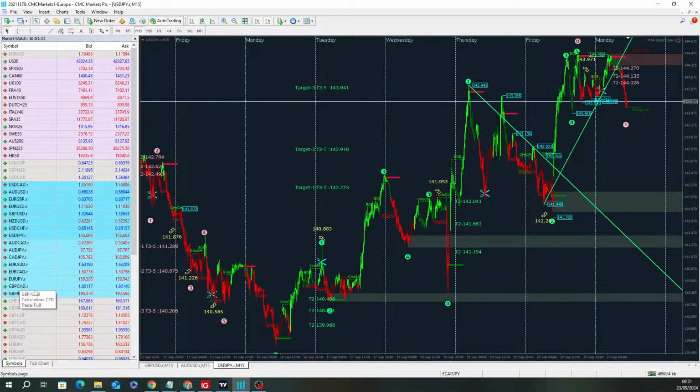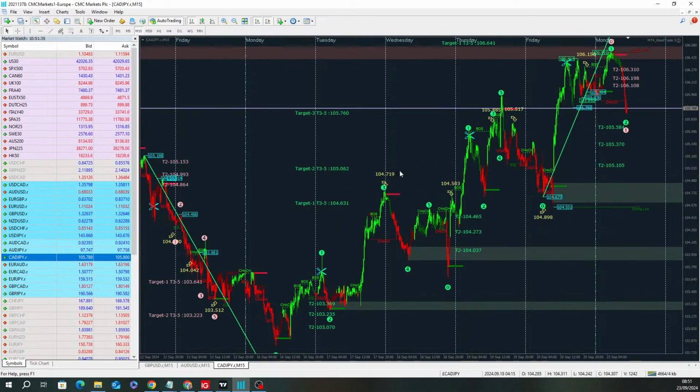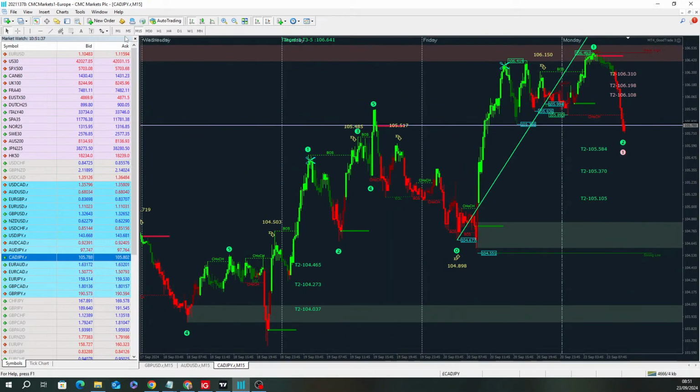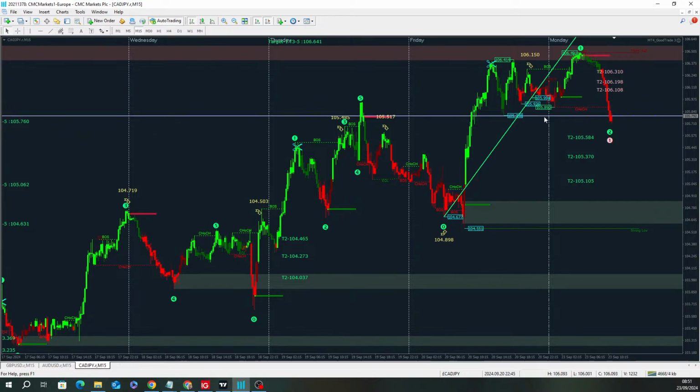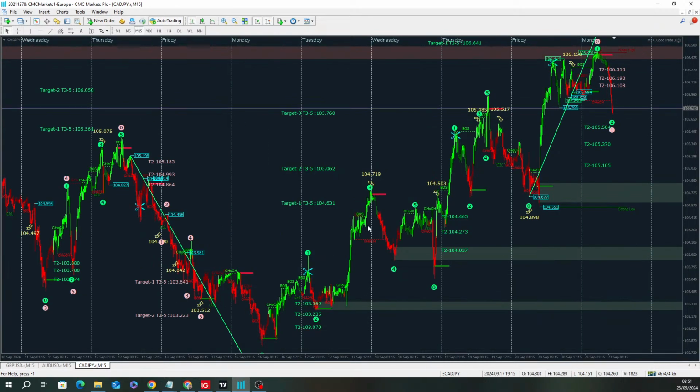I'm going to do the Cardian as well, just to see if we have a similar picture going on. So the Cardian, look at that. That one has broken down. We've seen a new bearish wave structure, but let's look at the wave structure that happened last week. We have 0 1 2 3 4 5.